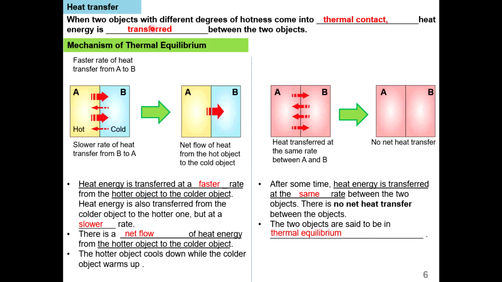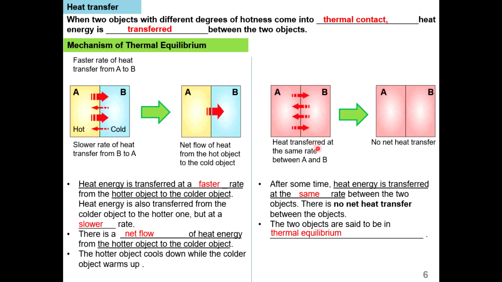So when 2 objects with different degrees of hotness come into thermal contact, heat energy will be transferred between the 2 objects. Object A is hotter, B is cooler. The rate of heat transfer from A to B will be faster compared to from B to A. So we say that there is a net flow of heat from the hot object to the cold object.